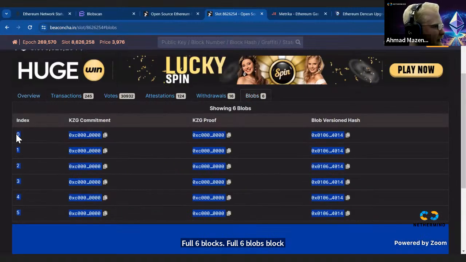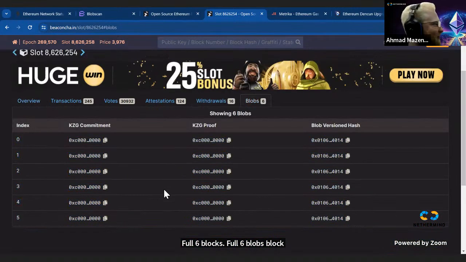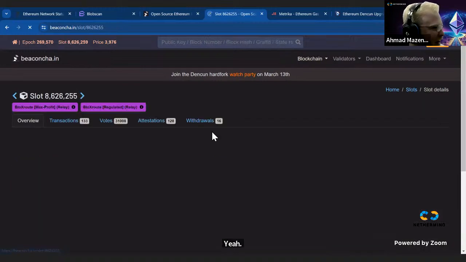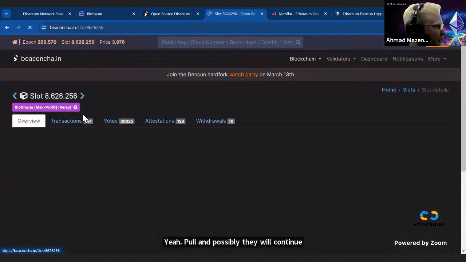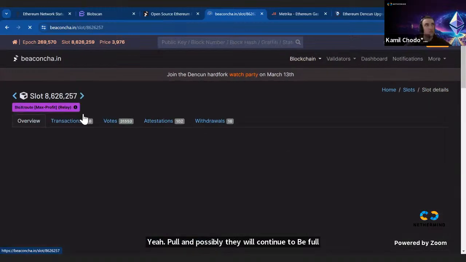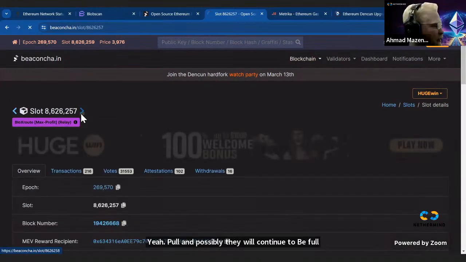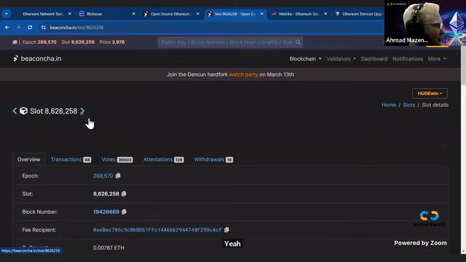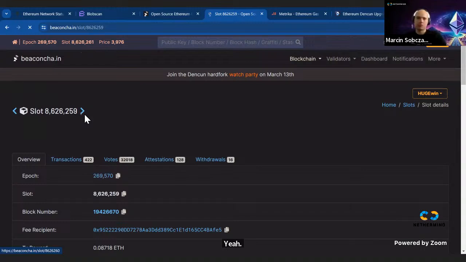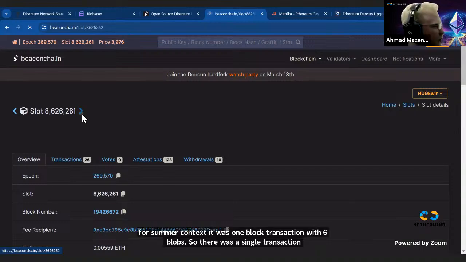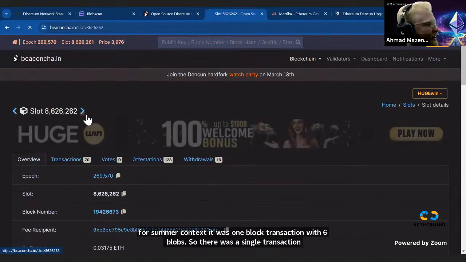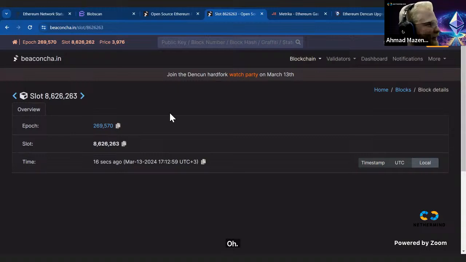And possibly they will continue to be full until the pool is empty. Oh, well, I guess it's empty already. Yeah, and for some more context, it was 1 blob transaction with 6 blobs. So there was a single transaction with 6 blobs. Okay.